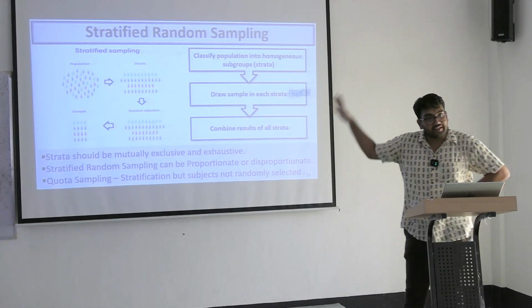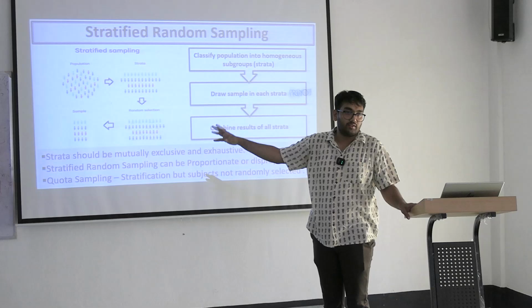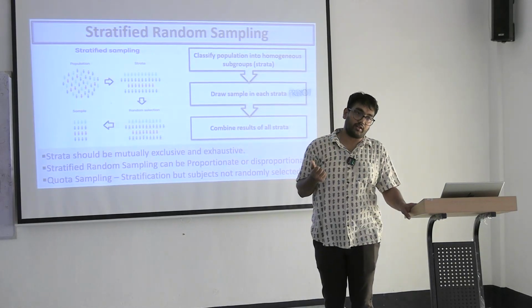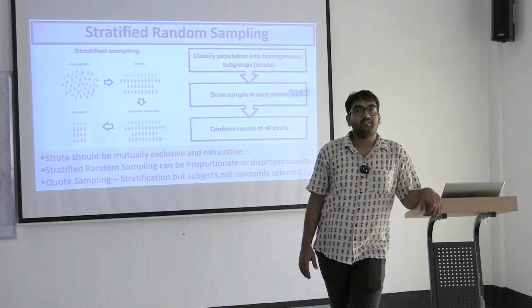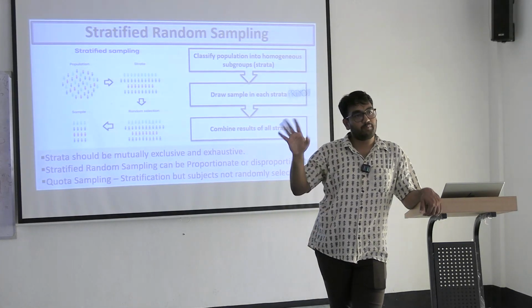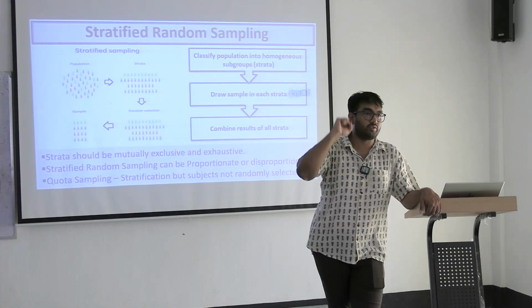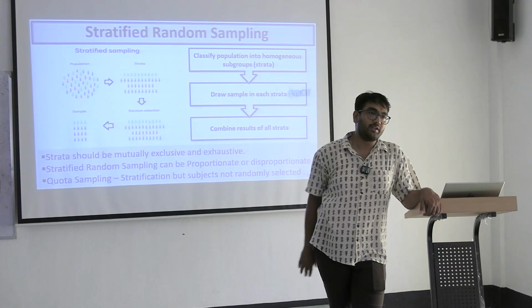If you make strata but you do not select randomly from the strata, you select purposively from the strata. Like I have made different strata, but I can see that some strata have only very few people. So I say that I will not select people randomly from the strata, I will choose whoever is available from each strata, I will take 5 people from each strata.